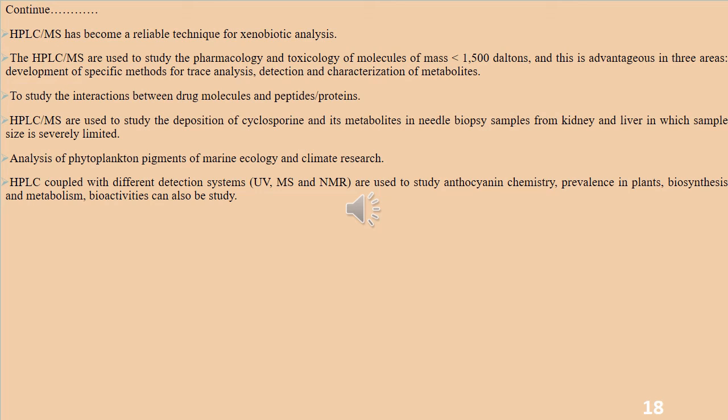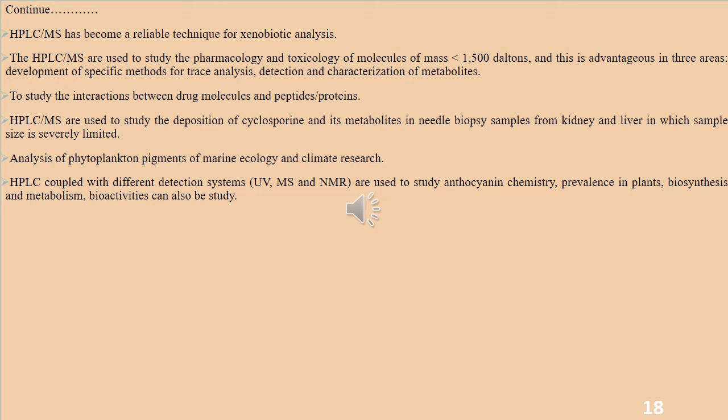Next application is to study the interaction between drug molecules and peptides or proteins. HPLC-MS is used to study the deposition of cyclosporin and its metabolites in needle biopsy samples from kidney and liver, in which sample sizes are severely limited.